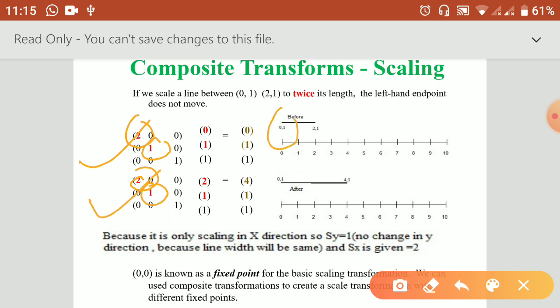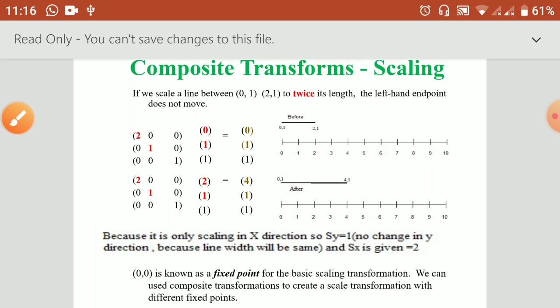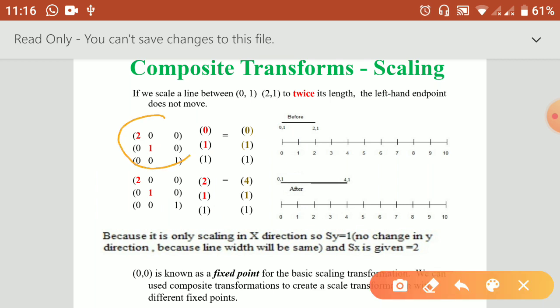The first coordinate is 0 1, so we are putting the value 0 1 here. The 1 will remain constant always in this multiplication of transformation. Here also the second point is 2 1, so we have written 2 1 here, and 1 remains constant. When we multiply this matrix with this, we get this matrix. Similarly, multiplying this with this, we get this matrix.